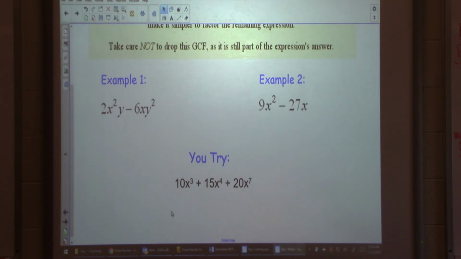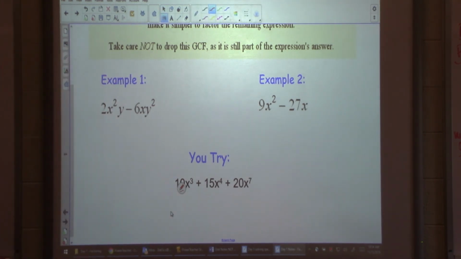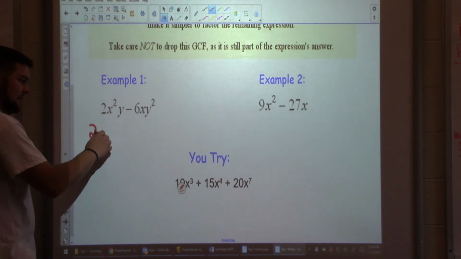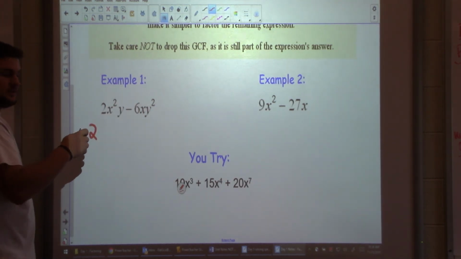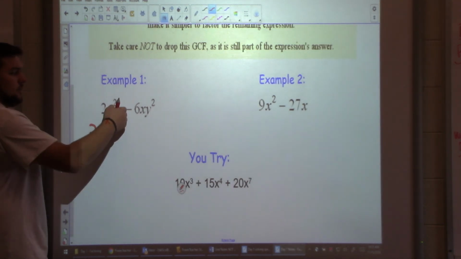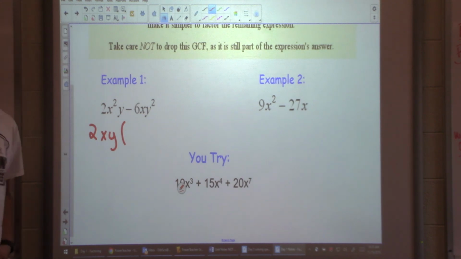Like, in example 1, I have 2x squared y minus 6xy squared. If I look at 2 and 6, is there a number I can take out of both of those? 2. If I look at x squared and x, there's something I can take out of both. Just x. And then y and y squared, I can take out a y. So I'm going to factor out 2xy.